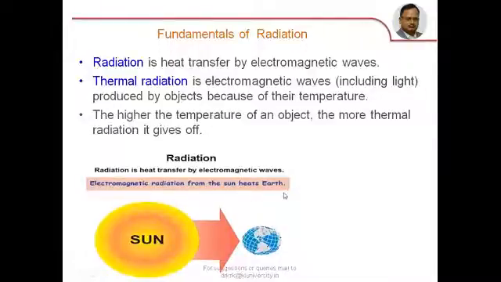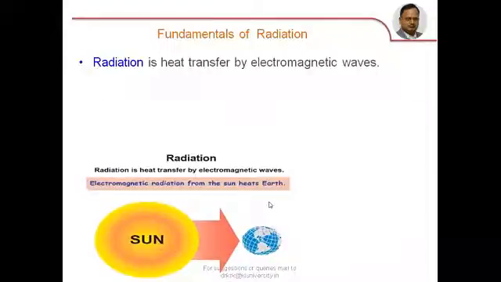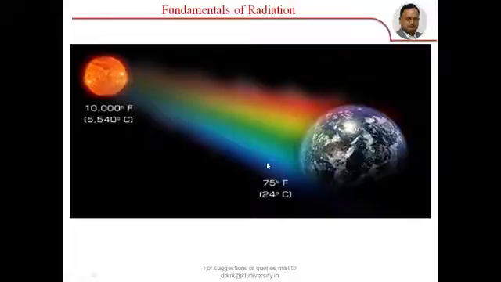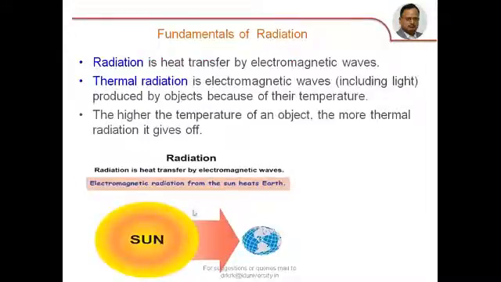The electromagnetic radiation from the sun heats the earth. This is what we have seen in this figure. The higher the temperature of an object, the more thermal radiation it gives off.